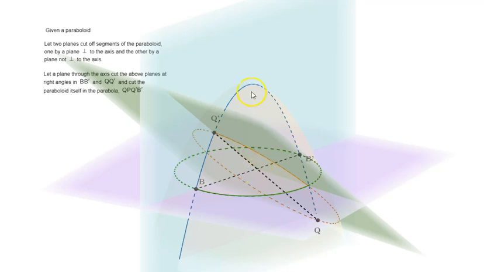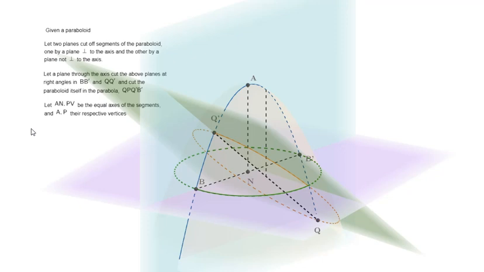And let's take the axes AN and PV, the axes of the segments of the parabola. So let's take AN and PV. This is A and N, and this is PV.